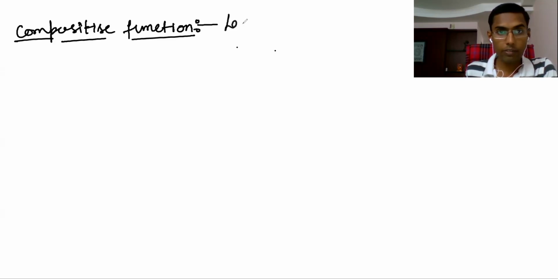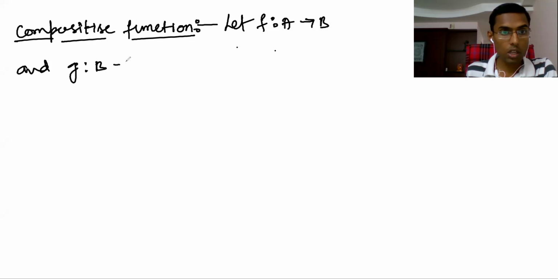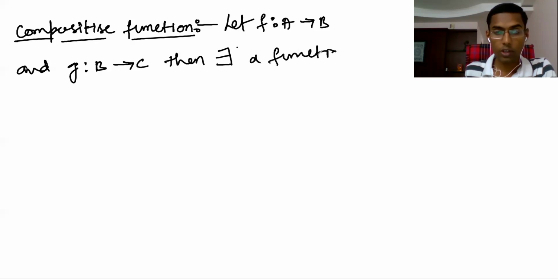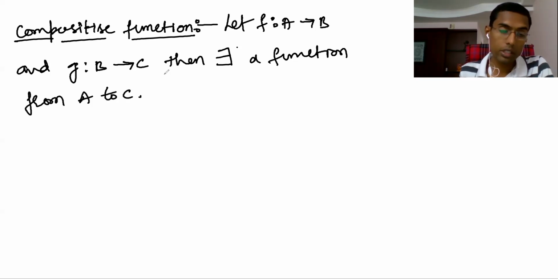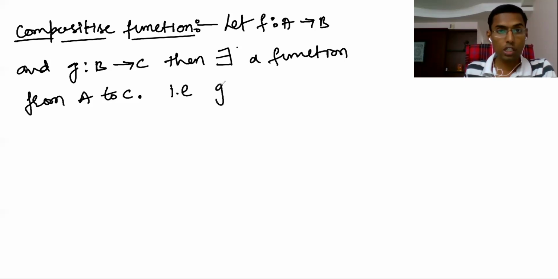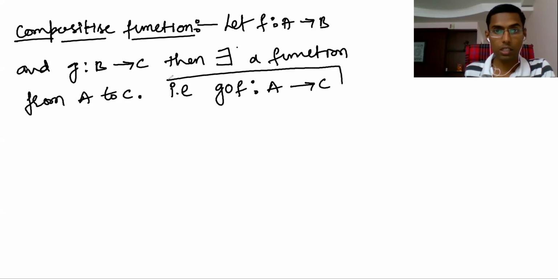So let f be a function from A to B and g be a function from B to C. Then there exists a function from A to C. This is represented by g circle f, which is a function from A to C. We represent it like this.